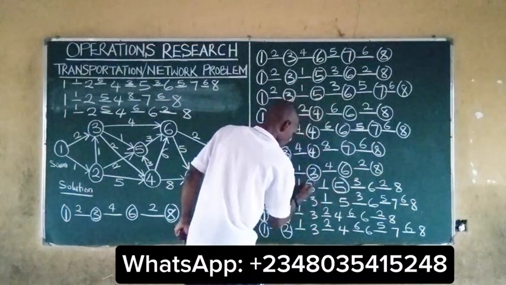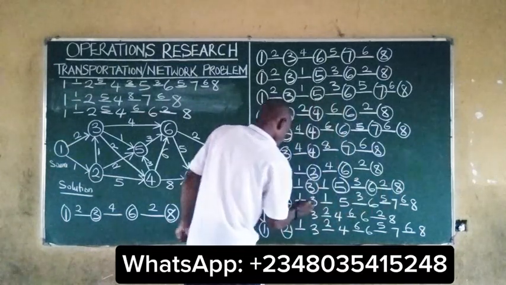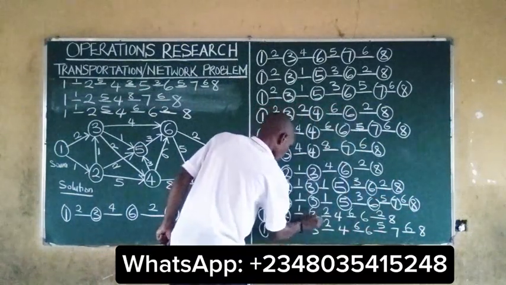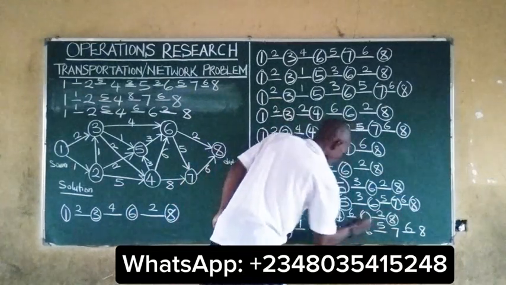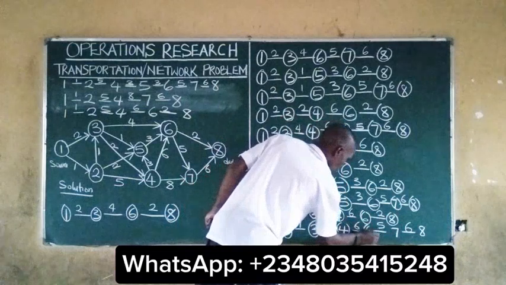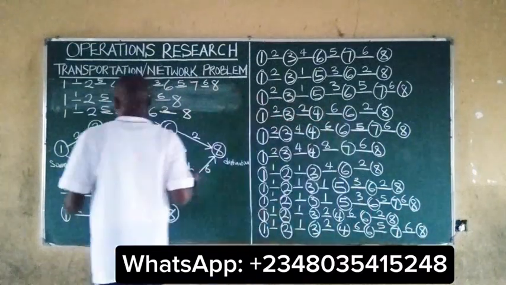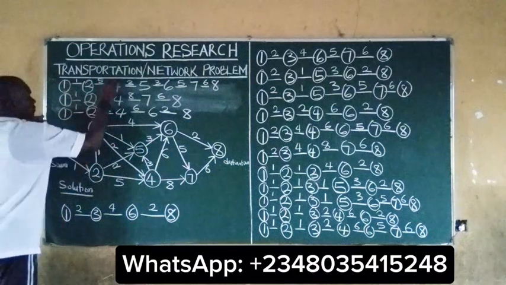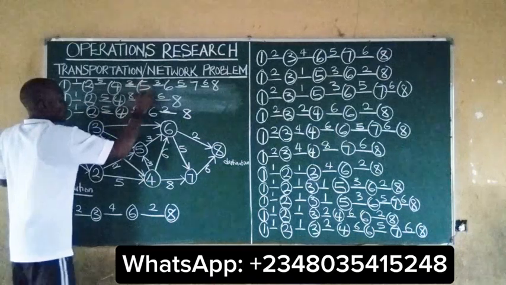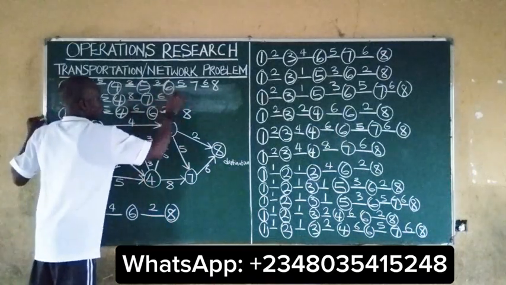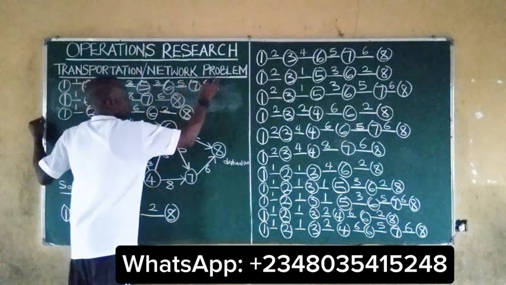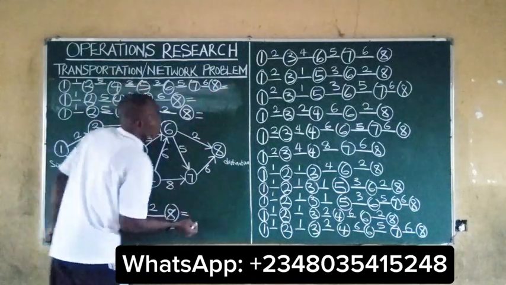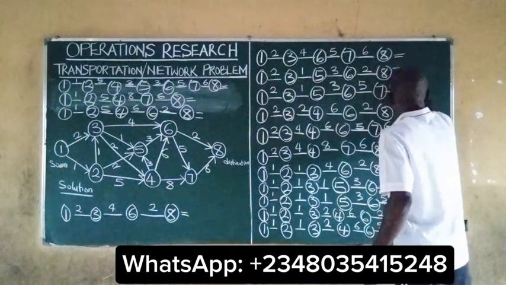So we are cycling all the nodes. And we come to this side, we'll cycle. The purpose of cycling it is to avoid joining it with the distance. So we have here equal to, equal to, equal to.